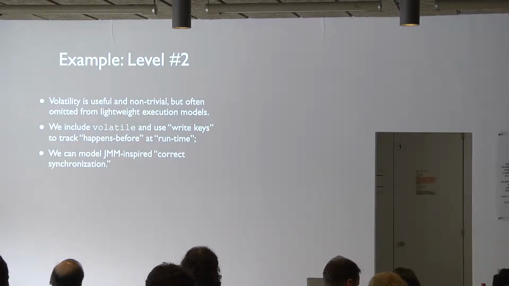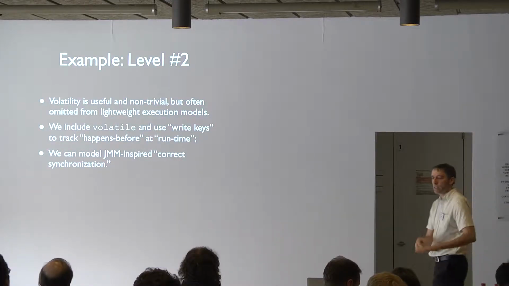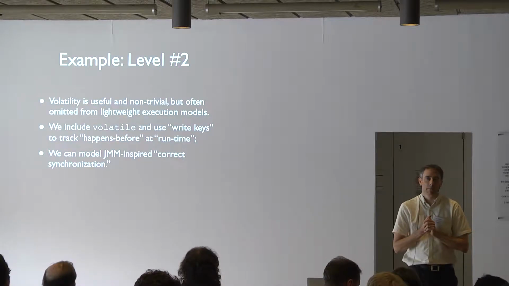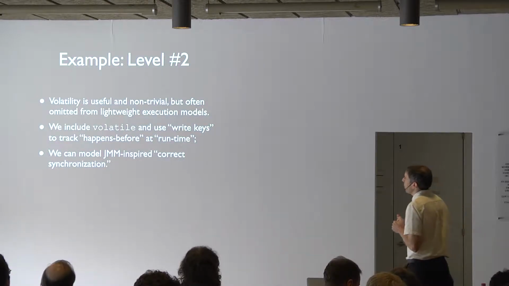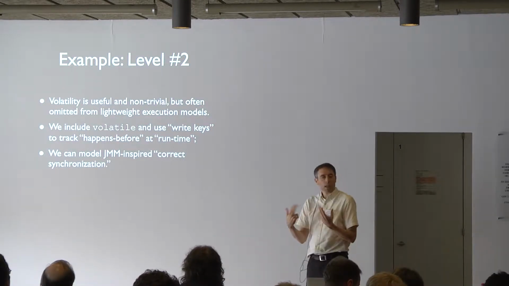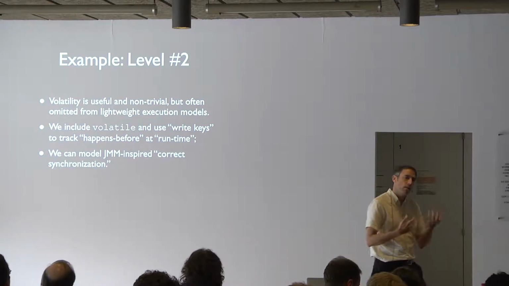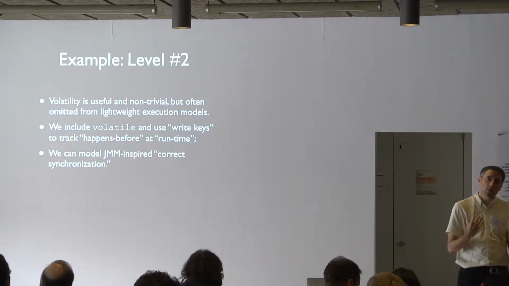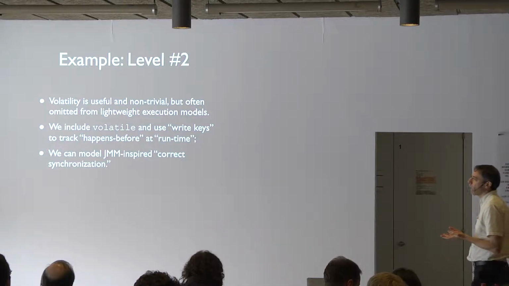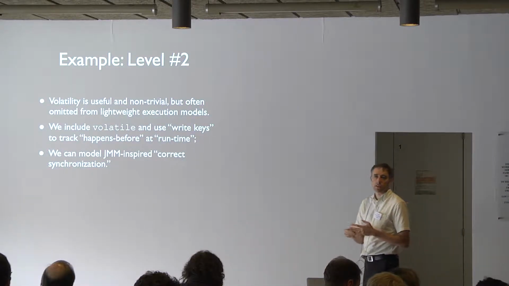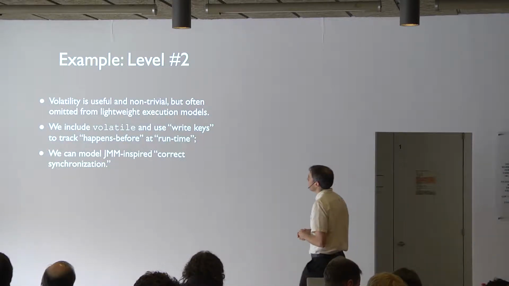But actually, there are certain idioms, and I can give an example that is available at the end of my slides if people have questions, where you can do something interesting with volatile that you might not have thought of. So you want to be able to model this sort of thing at your low level rather than simply saying volatile is just an escape hatch.